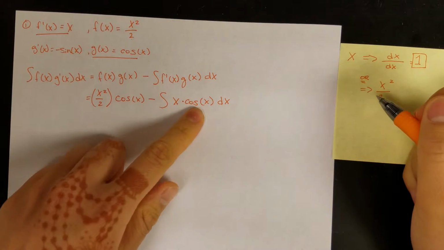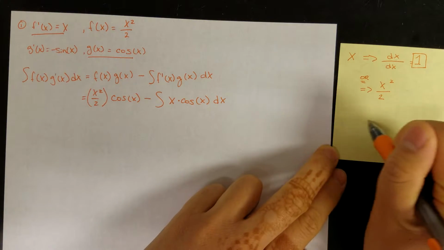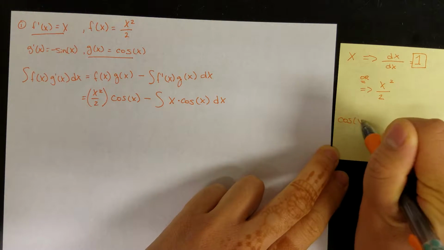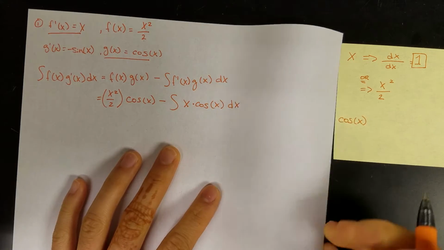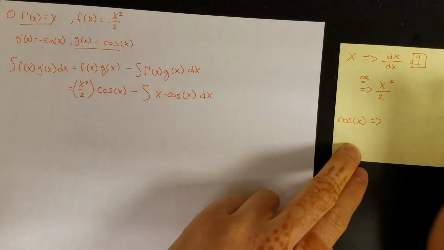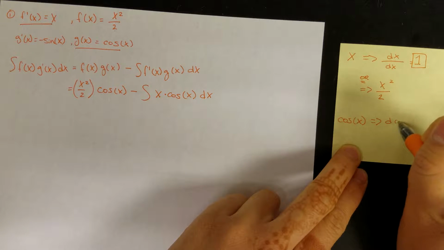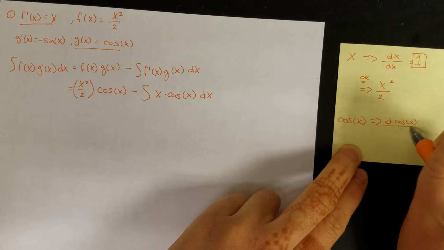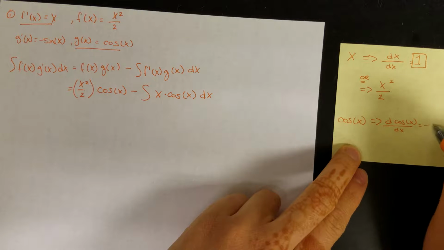But we can also take a look at the cosine. The derivative of cosine in terms of x, since we found it right here, is equal to negative sine of x.